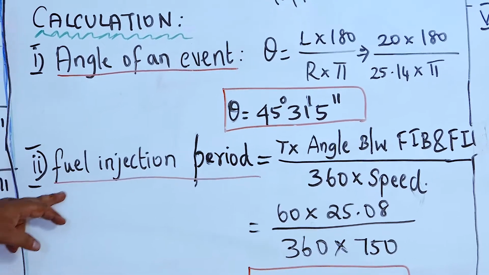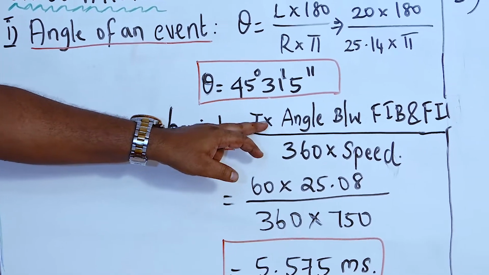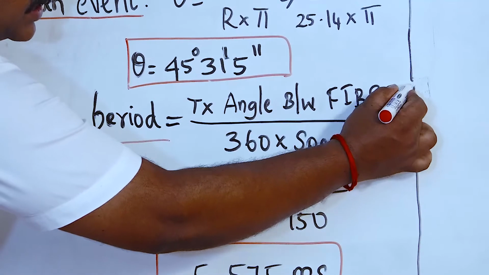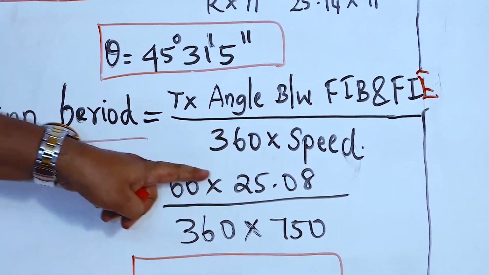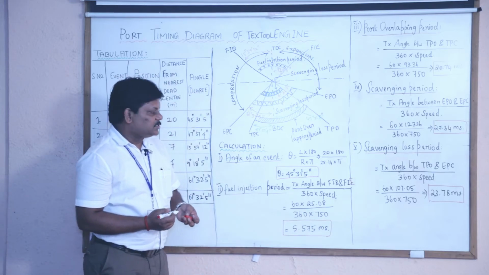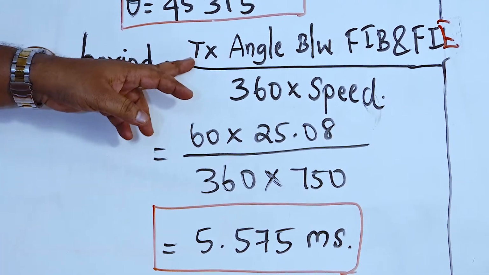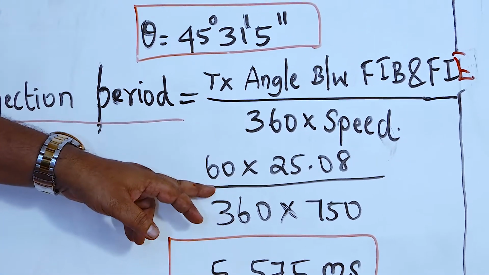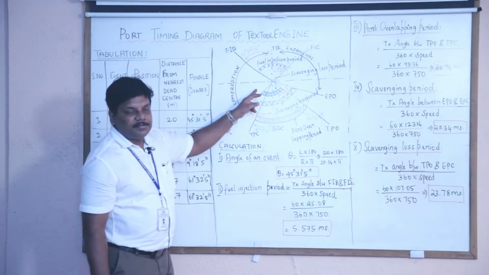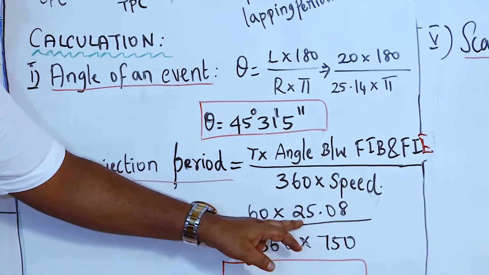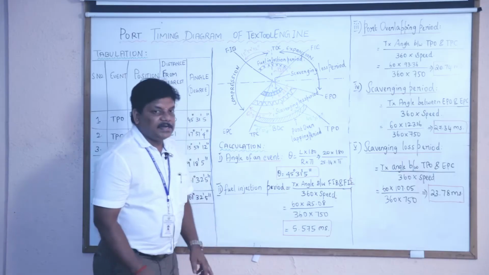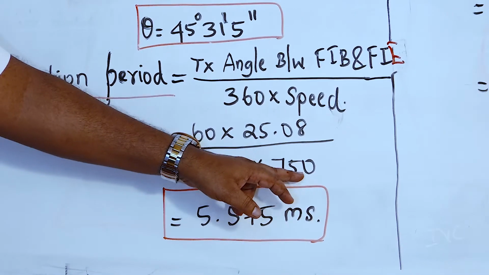For the fuel injection period, the formula is T into the angle between fuel injection begin and fuel injection end, divided by 360 into speed. The speed is the rated speed given in the specification of the engine. T for 1 minute is 60 seconds. So 60 into the angle between fuel injection begin and end, measured from the port timing diagram, which is 25.08 degrees, divided by 360 into speed, where the rated speed of the engine is 750 rpm.